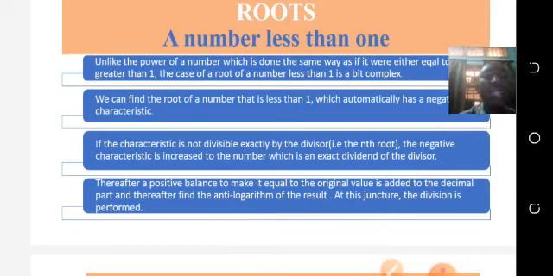Point number 3, we said if the characteristic is not divisible exactly by the divisor. If you remember, under numbers that are greater than 1, almost all the time the dividend is greater than the divisor.